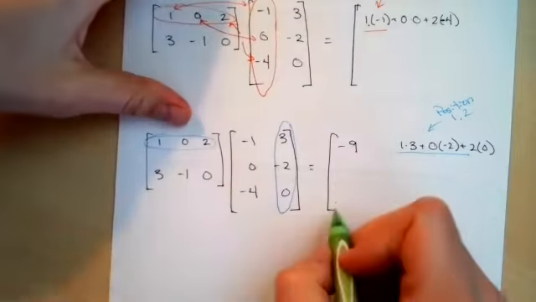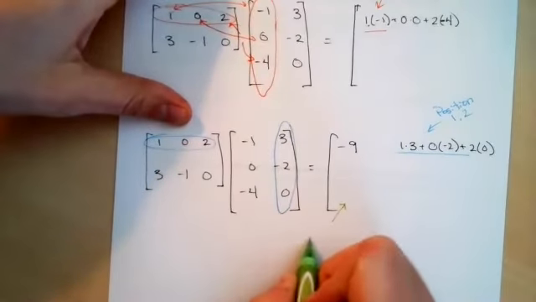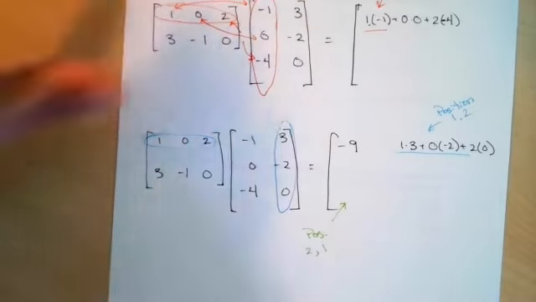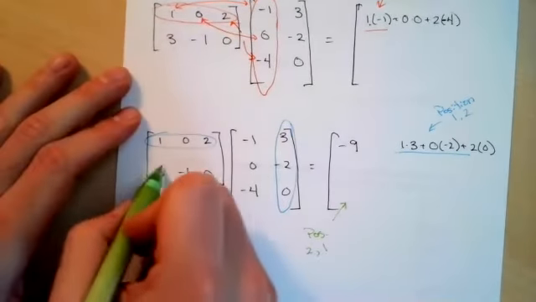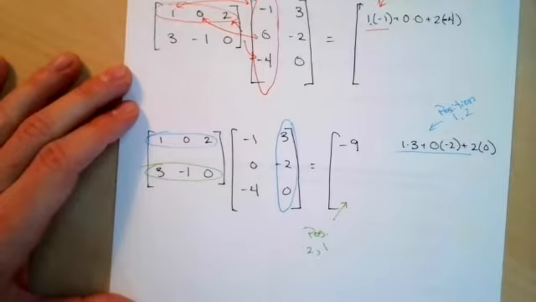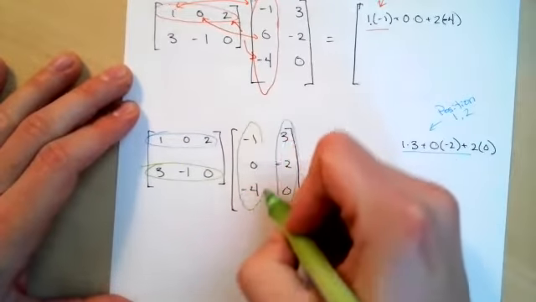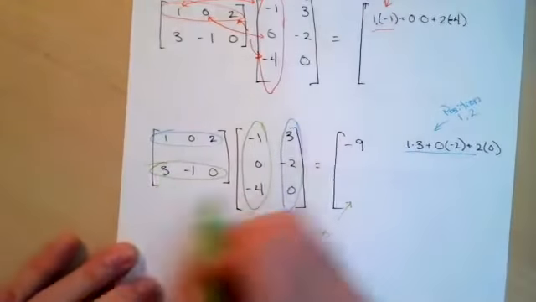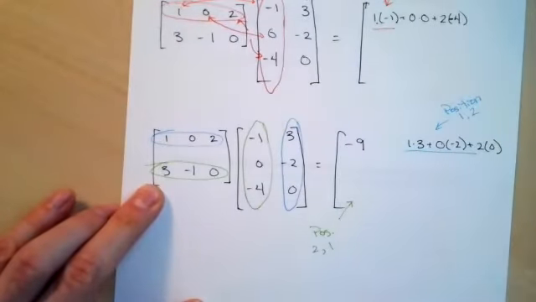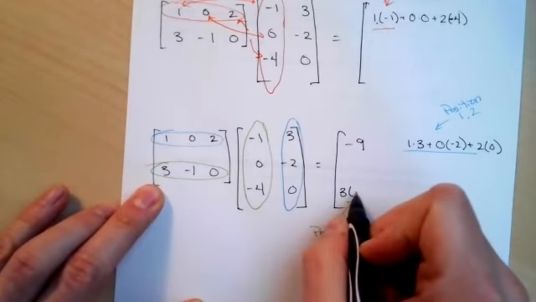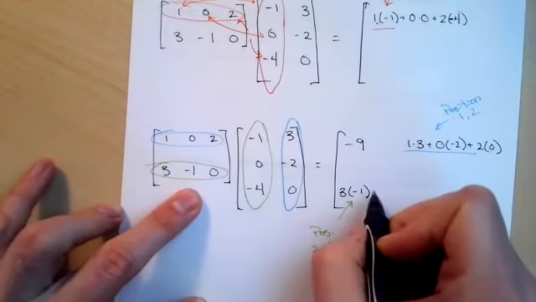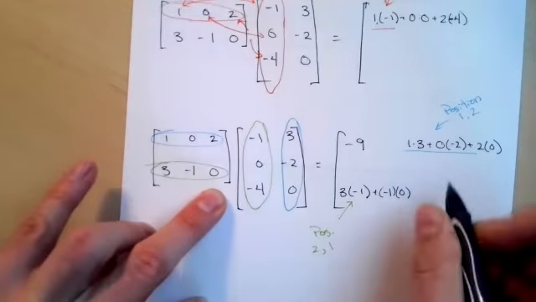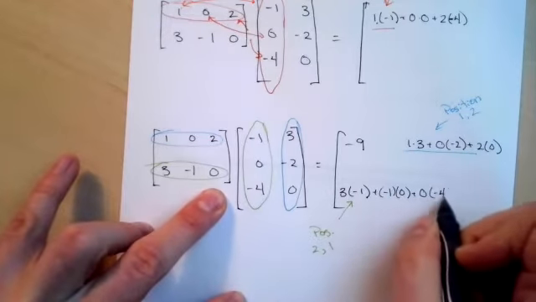Then we can move on to this position, which is now second row, first column. So we start with our second row on the first matrix, first column, and then we multiply in the corresponding positions. So the first one is 3 times -1, -1 times 0, and then plus 0 times -4.